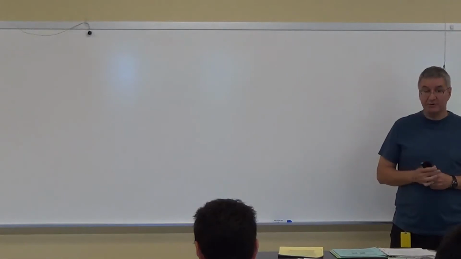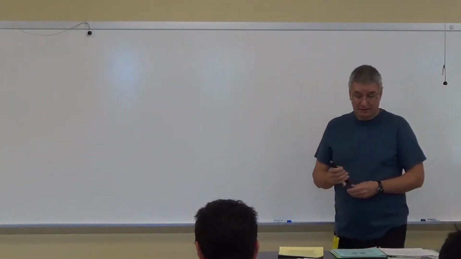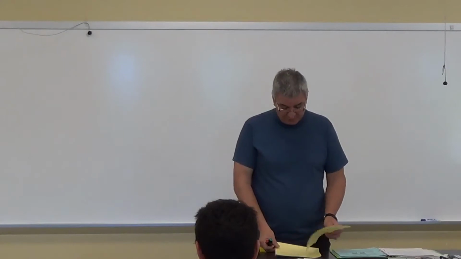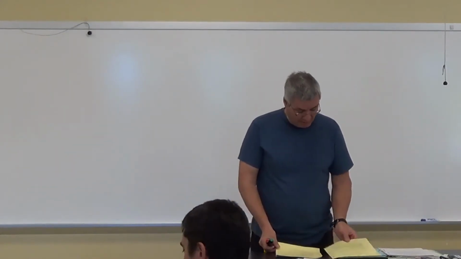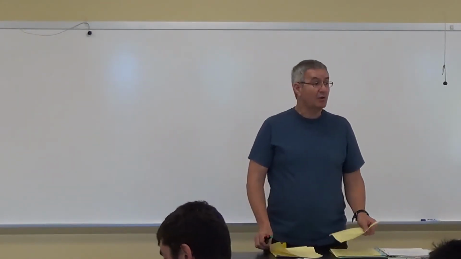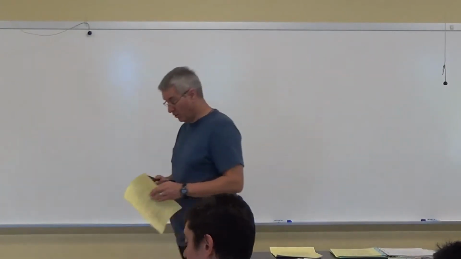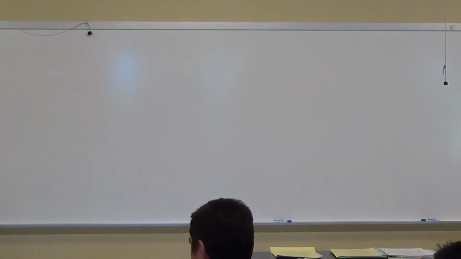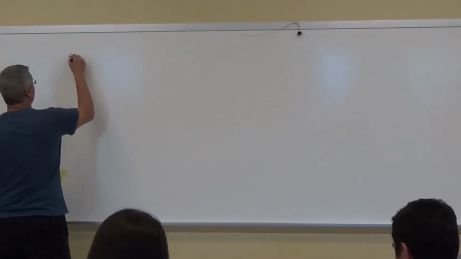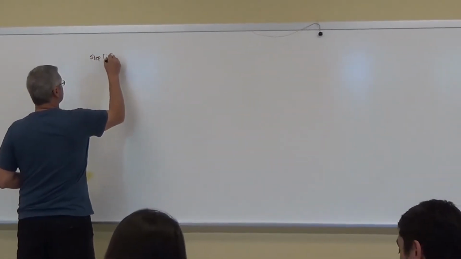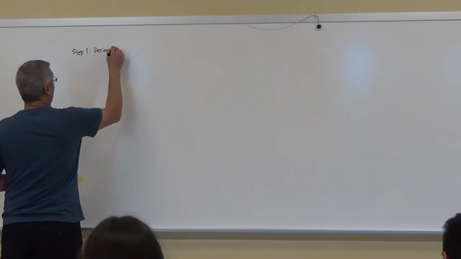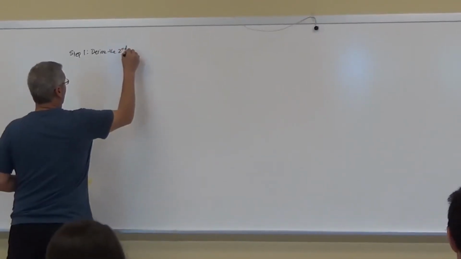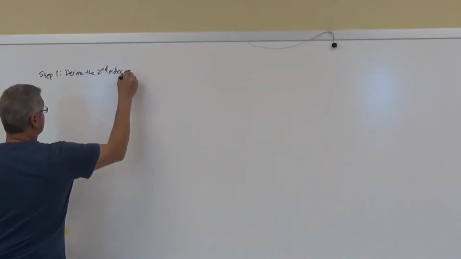So just to put things into perspective, there's a whole bunch of steps here. Ultimately, you're going to see that we have step 1, which is derive the second order equation.